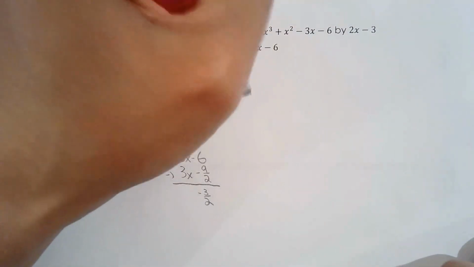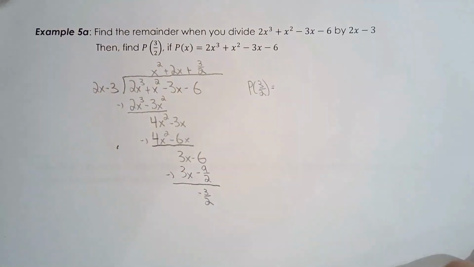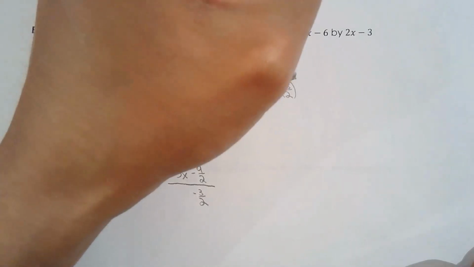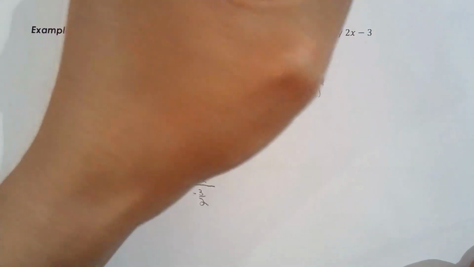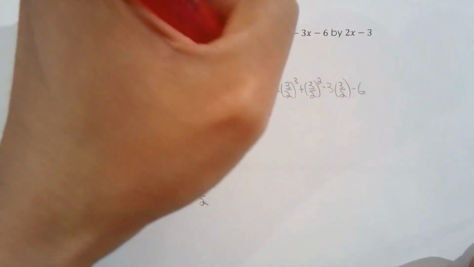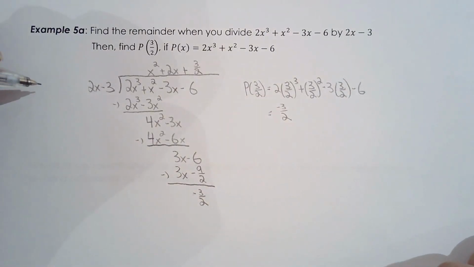So it seems like we're getting somewhere. You can punch it in your calculator, but it is equal to negative 3 over 2.